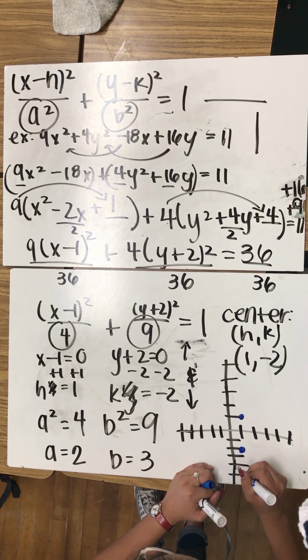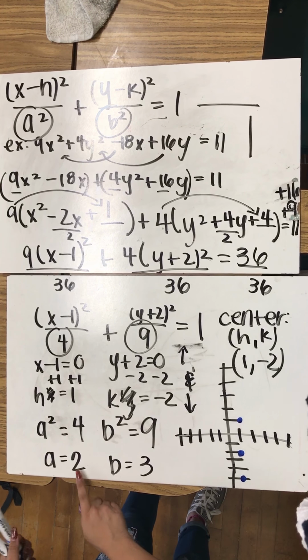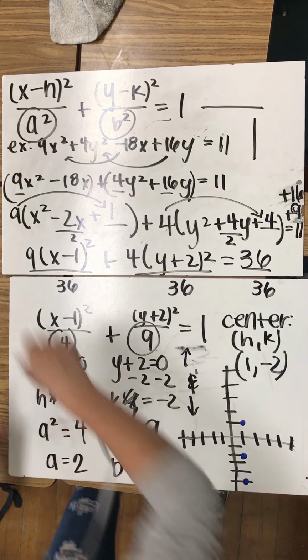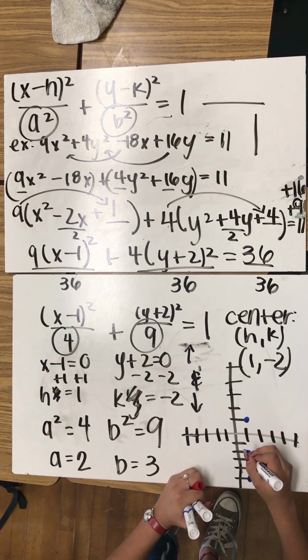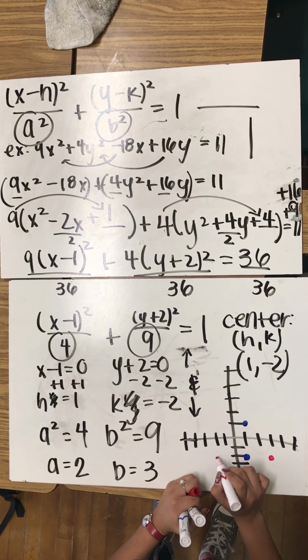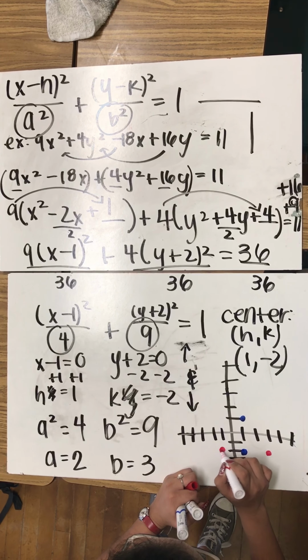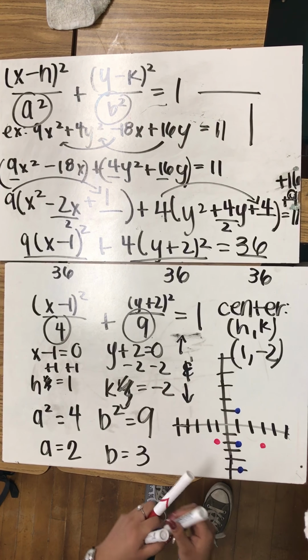1, 2, 3. And then for a, we're going to move 2 to the right, 1, 2, and then 2 to the left, 1, 2. And with that, we can make our ellipse.